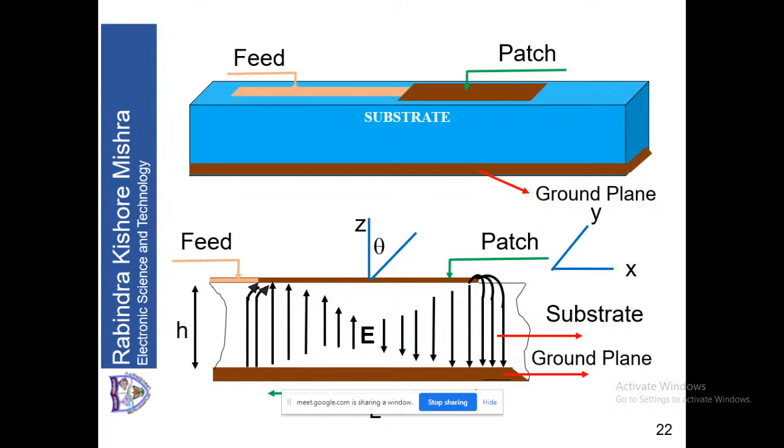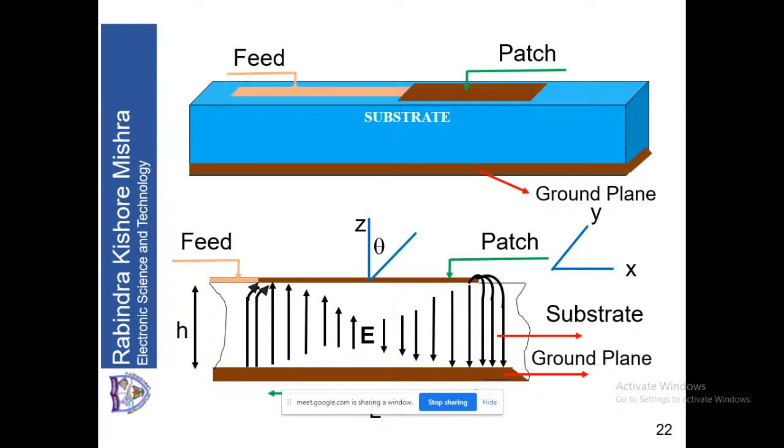Now we have two plates, the upper patch and the lower patch. And since we are feeding it with alternating current of high frequency, or microwave frequency, there will be a field which will extend from the patch to the ground or from the ground to the patch, depending on the field distribution.